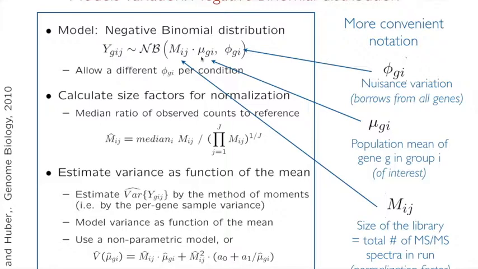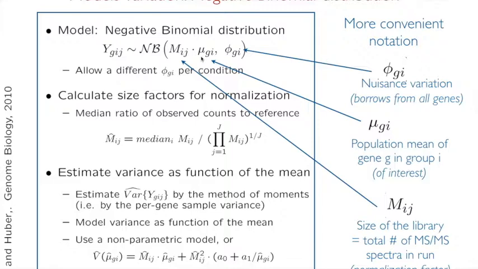M, in the language of RNA-seq, is a library size. In our language, it's just the number of MSMS spectra across all proteins in that run. For example, if you have sample evaporation issues or some other issues, the total number of acquired MSMS spectra can vary between runs. And so you want to make sure that they don't compromise our ability to detect differences.